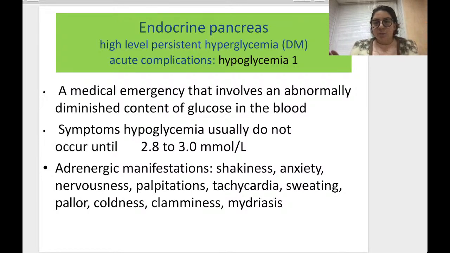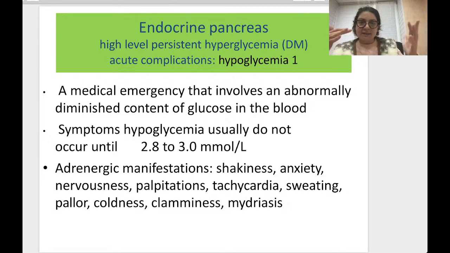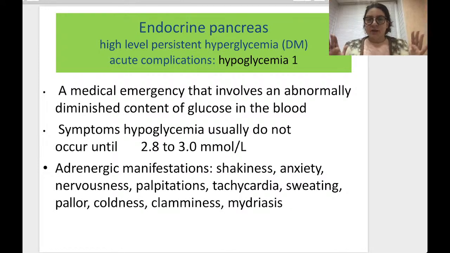For example, a patient after a persistent hyperglycemic state, or after hyperglycemic coma, with a constant very high level of glycemia. If we decrease the level of glycemia too rapidly, for example to normal, 5.5, yes, but if it is done medically and in a very short period, clinically the patient will feel symptoms of hypoglycemia.